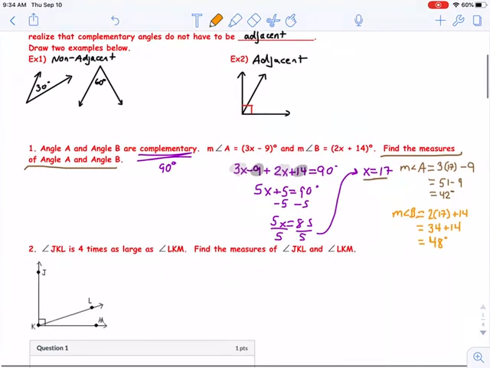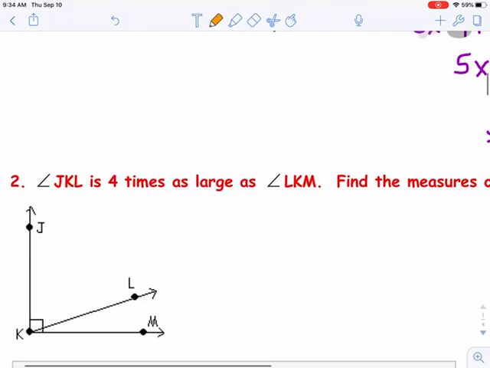Now here's a ratio problem. Angle JKL is 4 times as large as angle LKM. So it's 4 times as large, so I can say 4 to 1. JKL is 4 times larger than LKM. However, that's not their exact measures. It's not a measure of 4 and it's not a measure of 1.